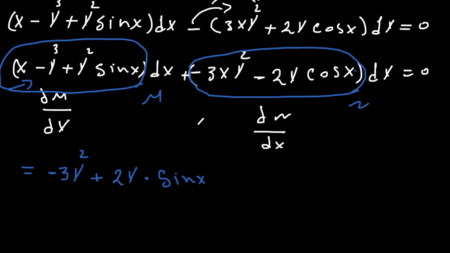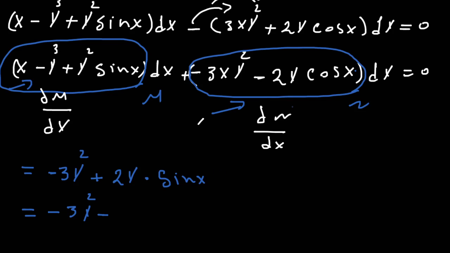Now let's try and find dN by dx. So we're going to differentiate this with respect to x. So we have minus 3xy squared, which with respect to x is going to be minus 3y squared. Okay, and then we have a minus here, and then we have again a product differentiation between 2y and cosine x.